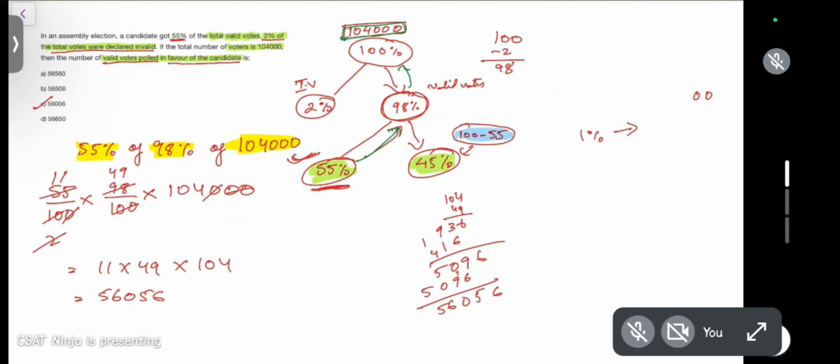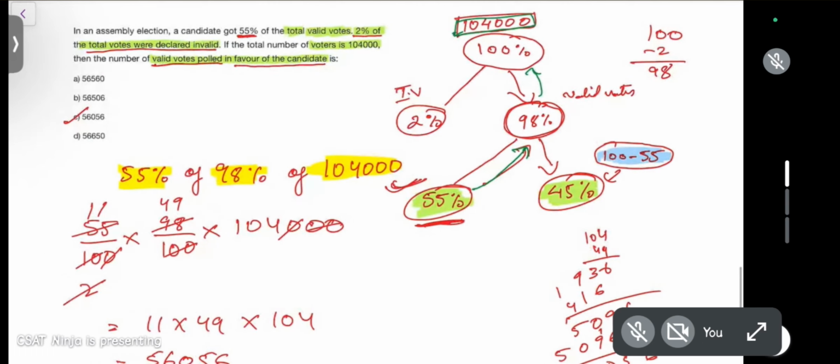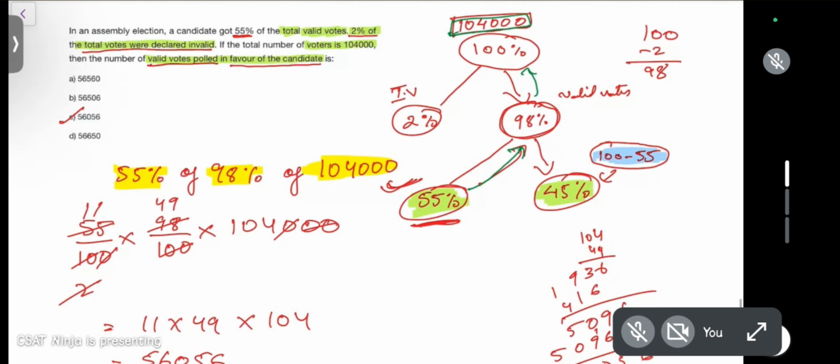For me it will be fine, but for you guys it will be a bit confusing. So are we clear with this? You just use continuous percentage. From the lower portion you start one at a time, 55% of this one, and this much percent of this one, and so on.